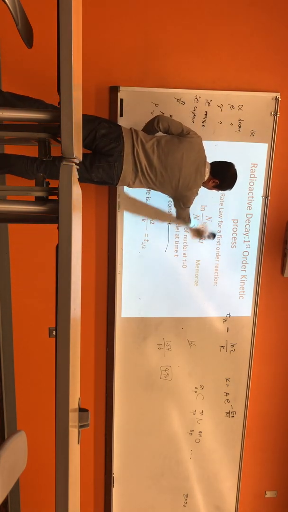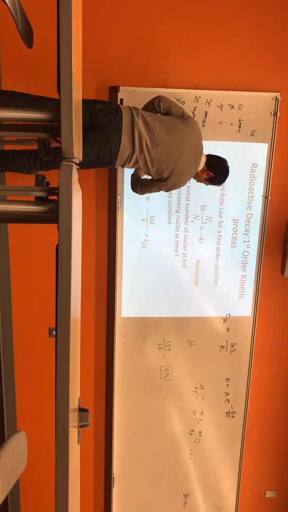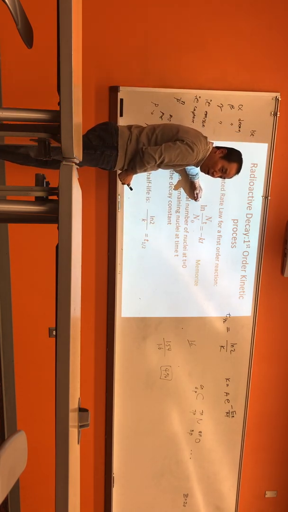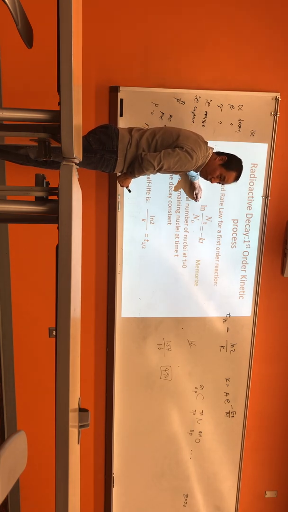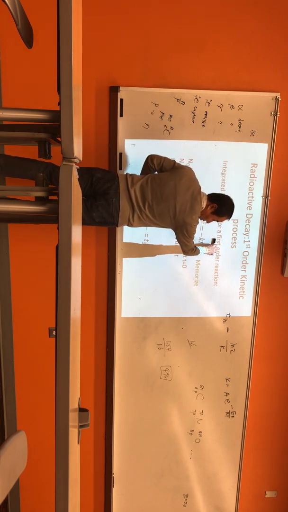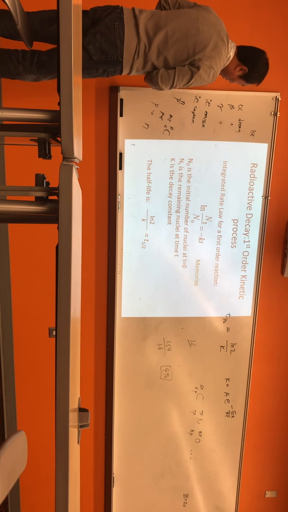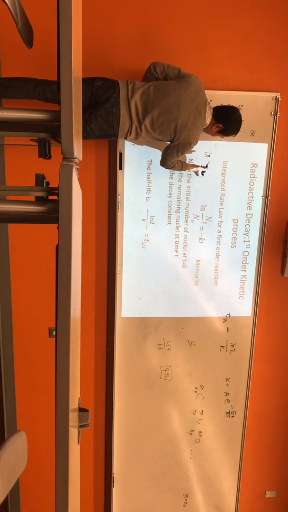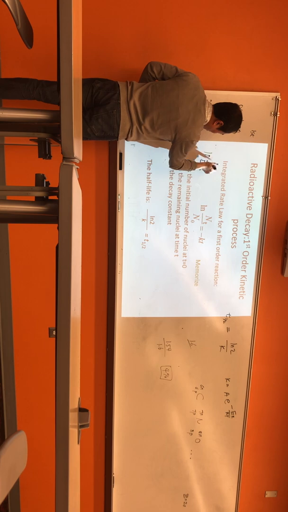So with that principle, we just use the same integrated rate law that we use for first order reactions, because anytime you have a half-life and some decay, that will be first order. The only difference is that when we used this law for chemical reactions, it was the concentration of the species at the initial moment and the concentration at a later time.